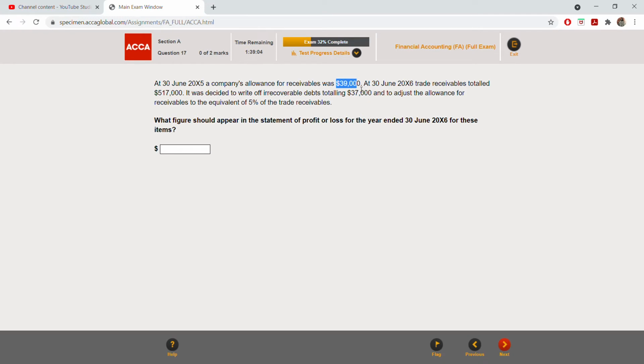So it increased by how much? From 24 to 39. Sorry, decreased from 39 to 24,000. So 15,000, it's a decrease. Because it decreased and your irrecoverable debt was 37,000, it will be minus 37 minus 15,000, which will be 22,000.